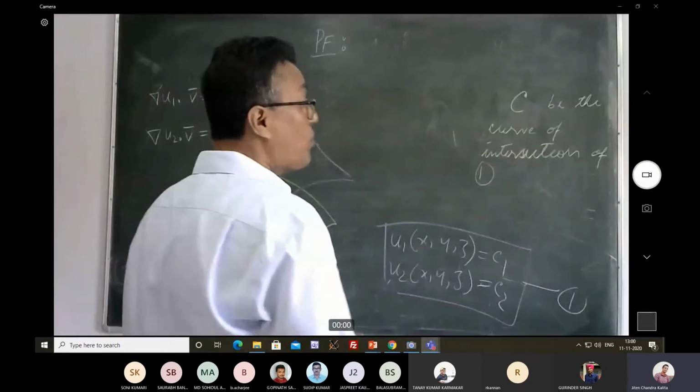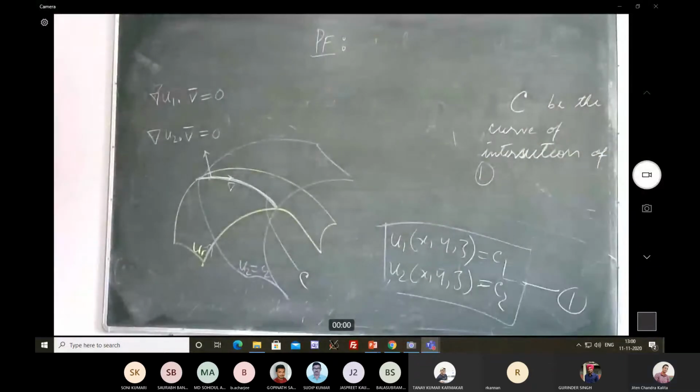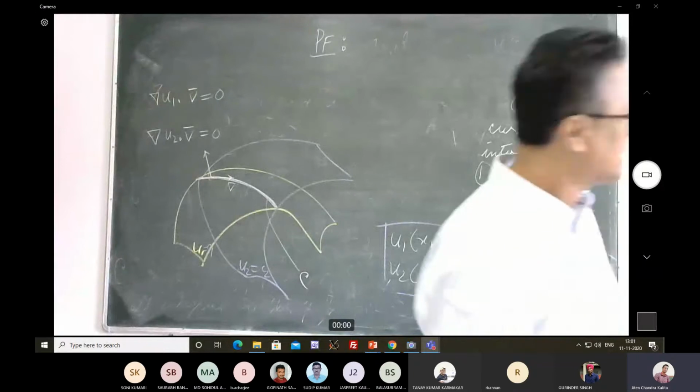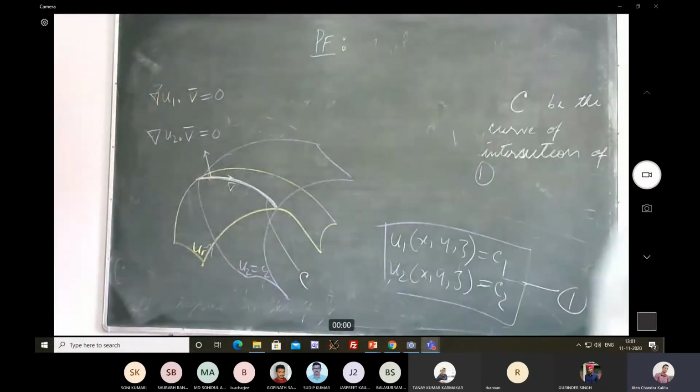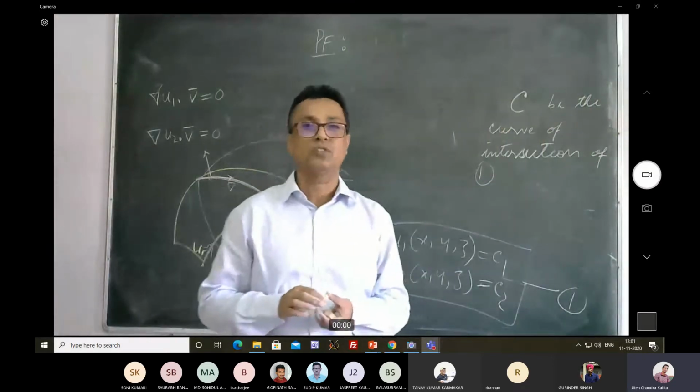The theorem is about these two equations, U1 equal to C1 and U2 equal to C2, which are written to describe the collection of all integral curves of V in that region.